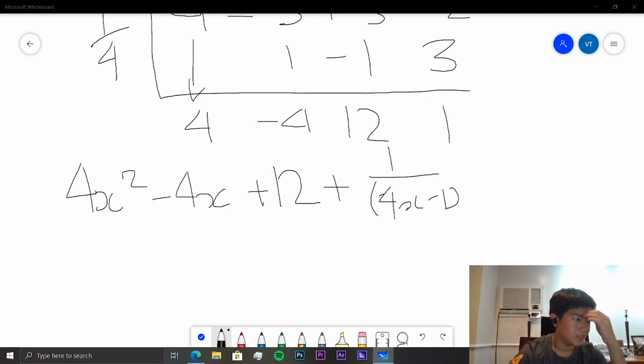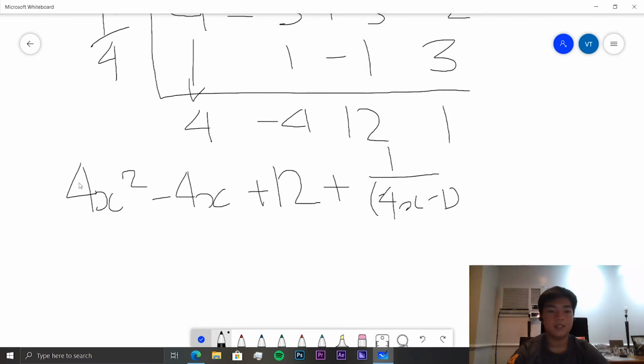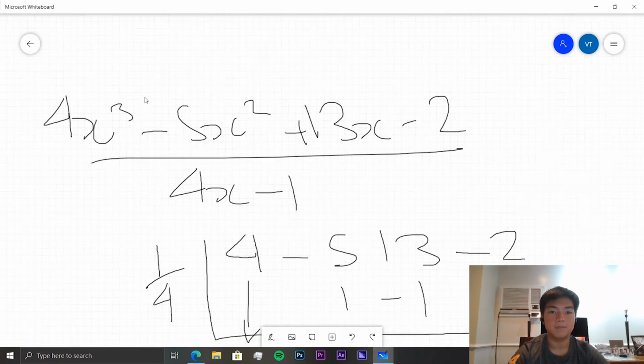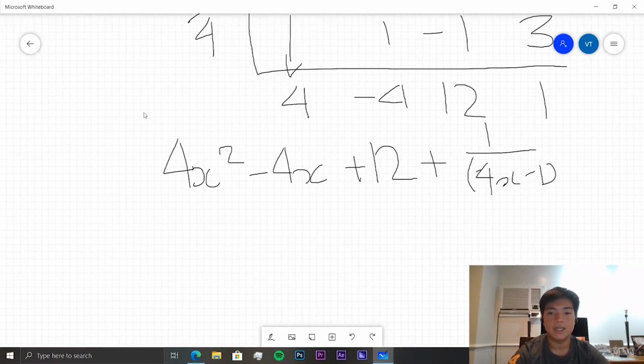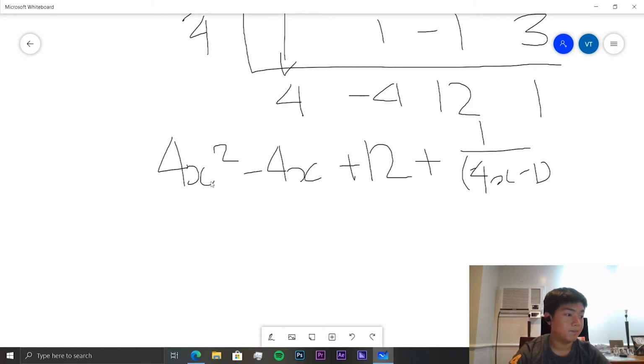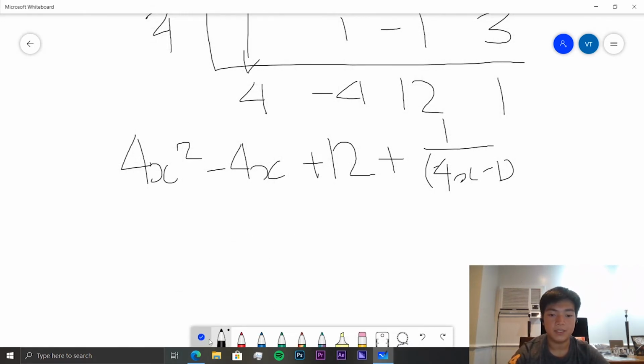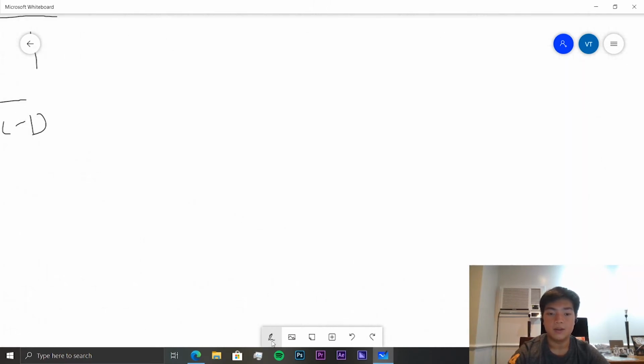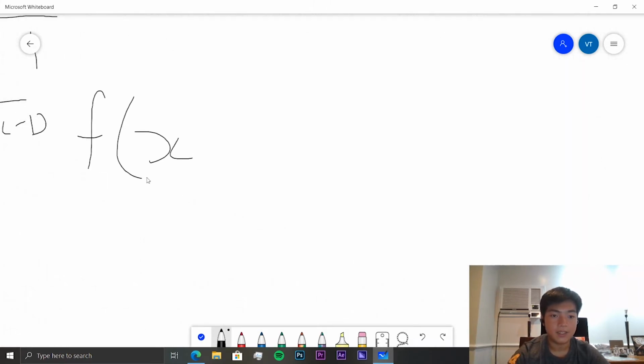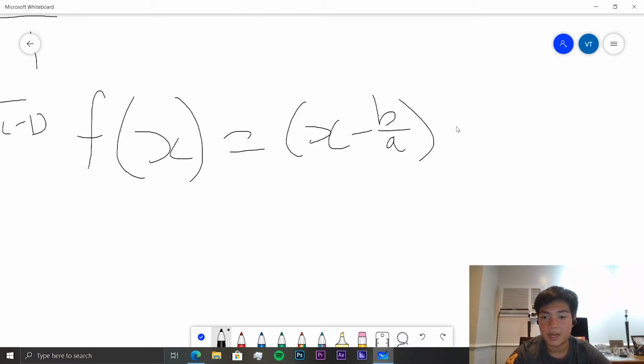One slight modification we need to make is, remember, this output is actually being multiplied by a, because if we go back to the earlier formula, we have f of x is equal to x minus b over a times a times q of x.